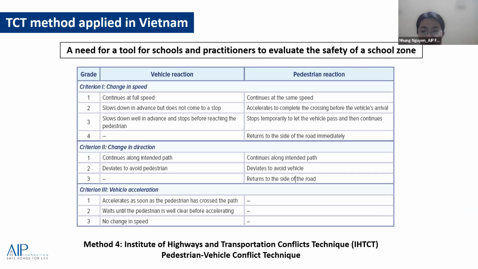However, road safety data is not always available, especially for small and isolated areas like school zones. That's why the traffic conflict technique provides a solution for collecting data to evaluate the safety of a school zone for the schools and the practitioners to utilize.